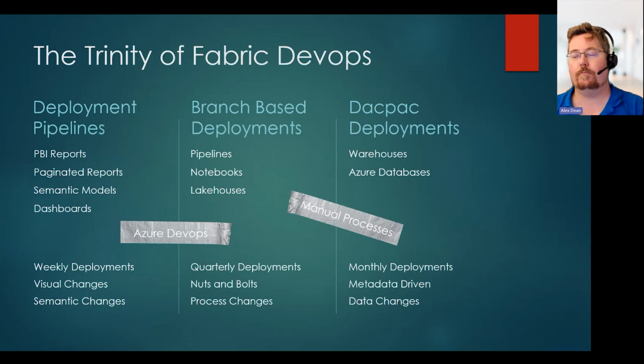And one of the important elements here, you might see that at the bottom, is there's also a different frequency. I've got a bunch of BI developers and front-end analysts. They're making changes on a daily basis, and they want to be able to deploy every week. So they've got weekly sprints where they want to deploy from one environment to the next.